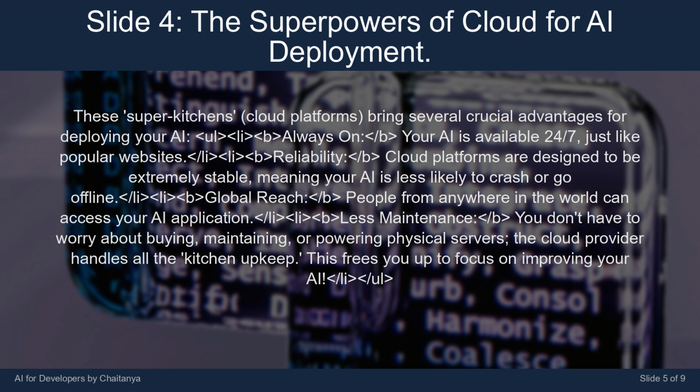People from anywhere in the world can access your AI application. Less maintenance. You don't have to worry about buying, maintaining, or powering physical servers. The cloud provider handles all the kitchen upkeep. This frees you up to focus on improving your AI.